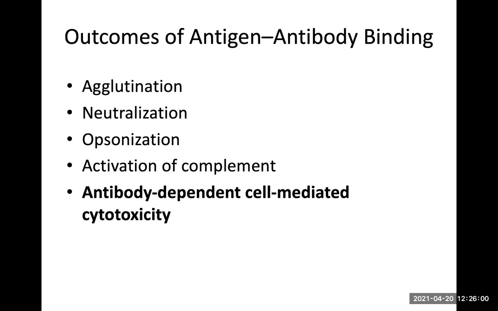So activation of the complement system can occur due to antigen-antibody binding. It's not always, right? It has to meet those conditions of two antibodies side by side, and then the complement protein in the blood comes along and binds, right? And then you'll get the activation, the classical activation. Okay, so we had talked about all of those before.